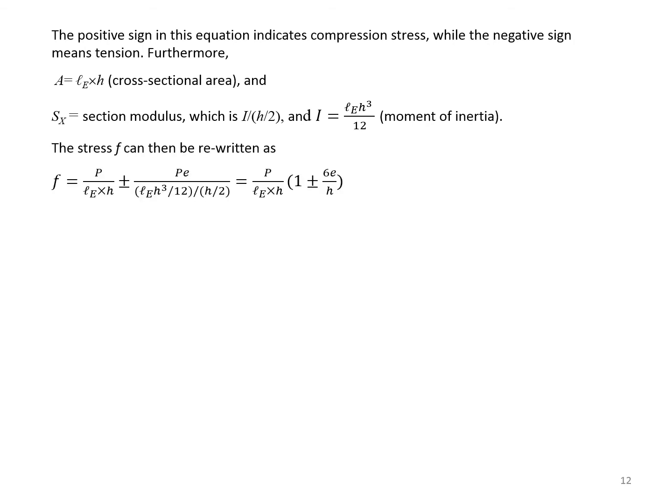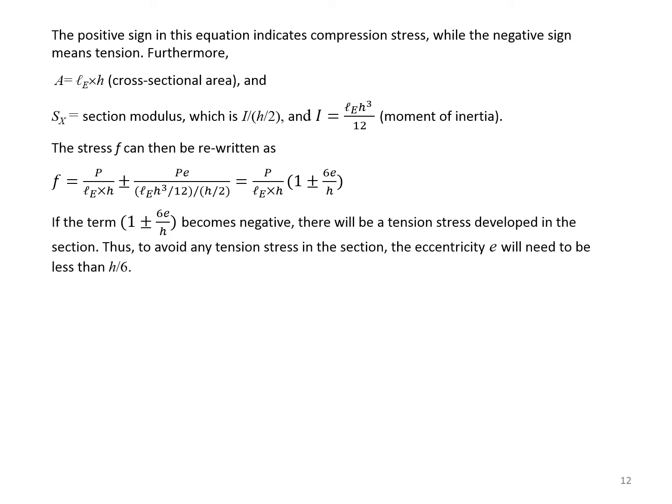Therefore, if we plug those into the equation, we come up with the final equation for the stress, which is P divided by LE times h, times 1 plus or minus 6E divided by h. The positive sign in this equation indicates compression stress, while the negative sign means tension.